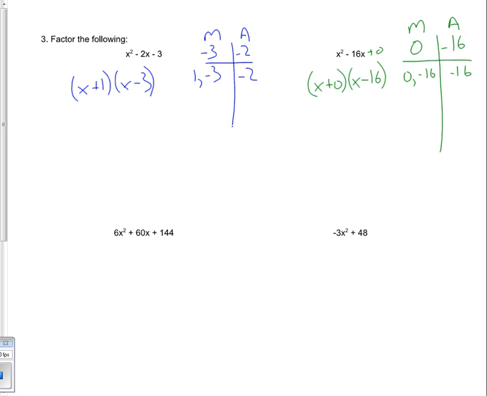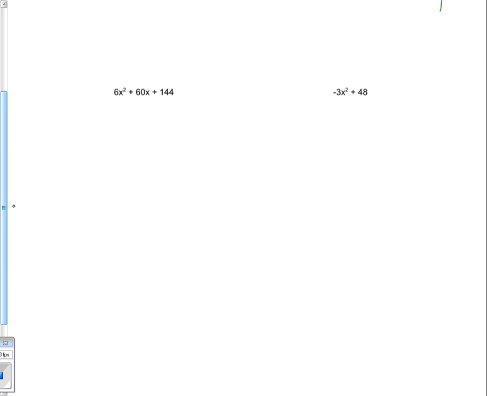In the example that we have down here, we've got a trickier trinomial in the sense that the a value is not equal to positive 1. So what we need to do actually is first divide out everything by that a value. So the a value doesn't just disappear, it has to go somewhere.